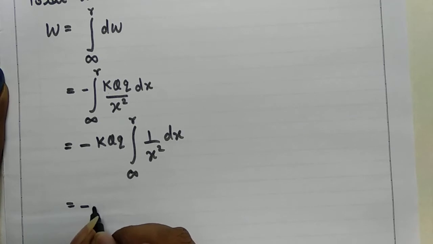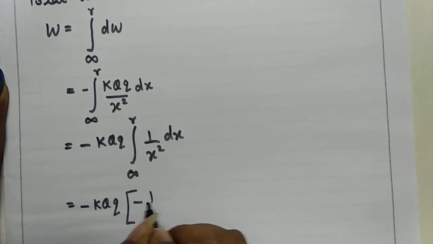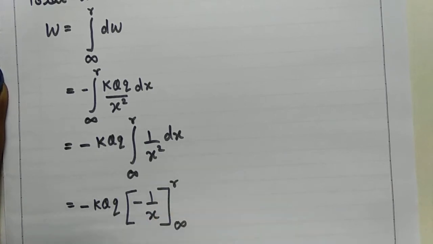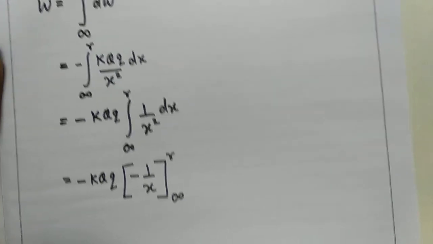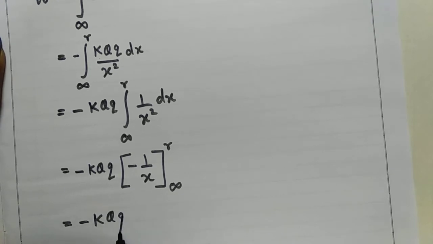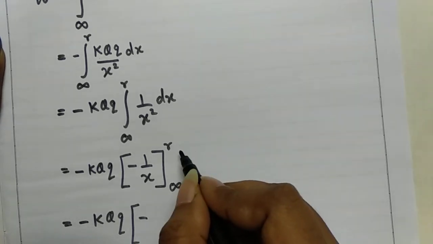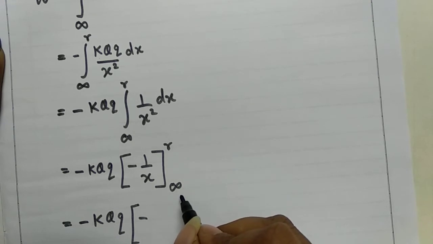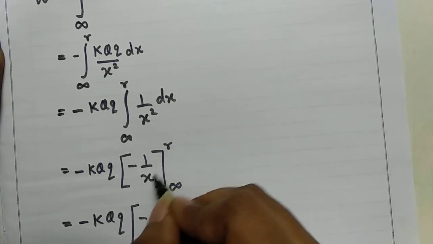This remains as it is, minus 1 upon x, and these were the limits. I'll apply the limits now. It is always upper limit minus lower limit. So I'll substitute the value of r over here.